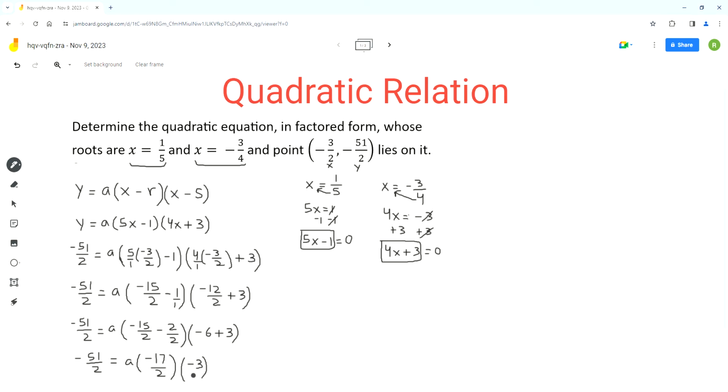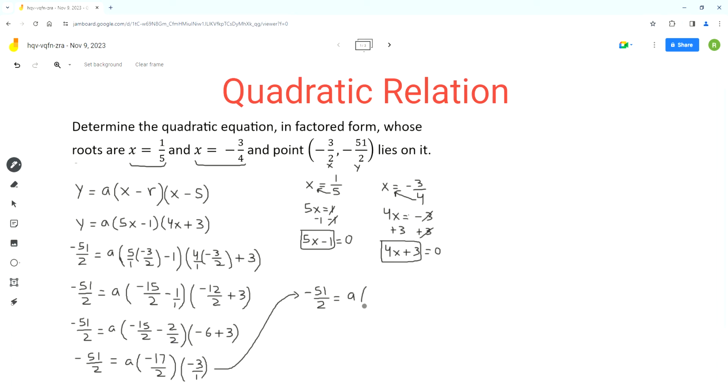Now we have to multiply these two terms in the parentheses. The denominator of negative 3 is 1. In order to multiply these fractions, we multiply the numerator terms and the denominator terms. The left side stays the same.